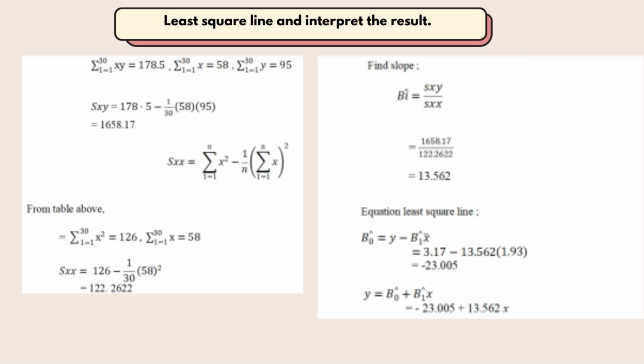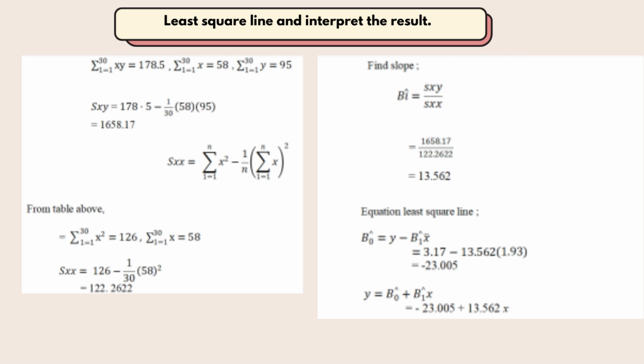We get 13.562. The formula of beta naught is the mean of y minus beta one times the mean of x. From the table, the mean of y is 3.17 and the mean of x is 1.93.